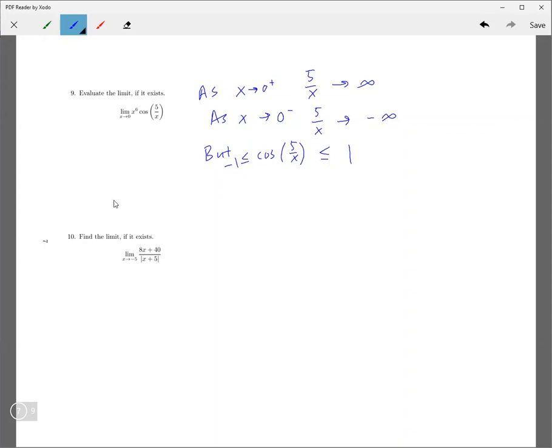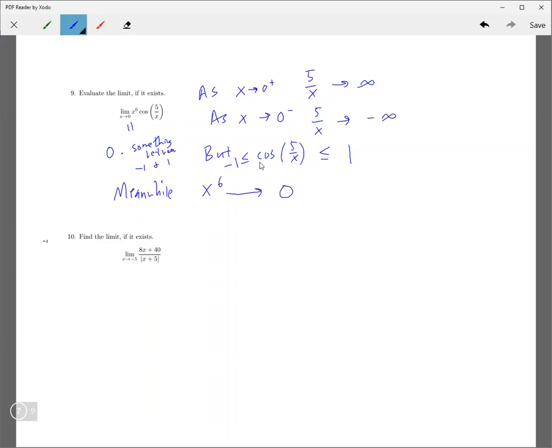And then meanwhile, x to the 6th goes to 0. As x goes to 0, you plug a 0 in here, it's going to 0. So basically, this is the way to think about it: in the end, you're going to get 0 times something between -1 and 1.